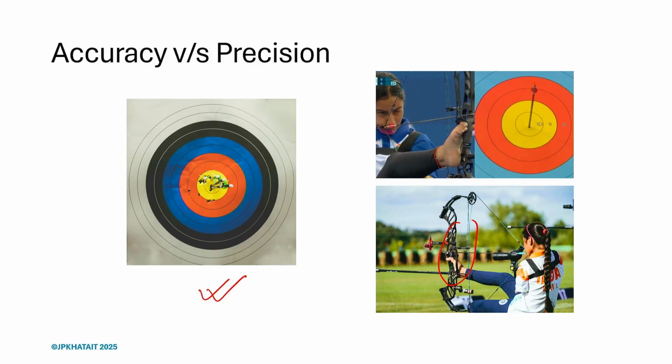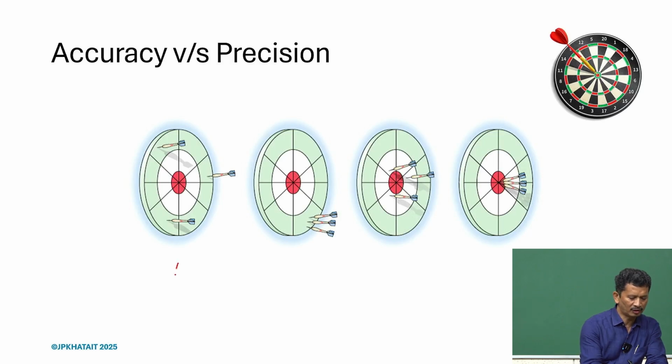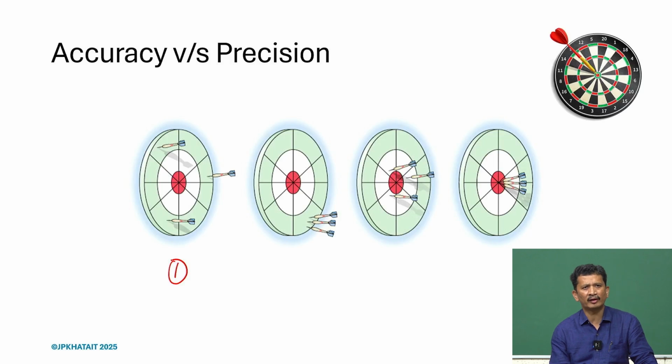So we'll be talking about these two terms, accuracy and precision. Let's try to understand it through this dart game. In this first case, when we try to hit the bullseye and throw the dart, there is no consistency, it's going everywhere.